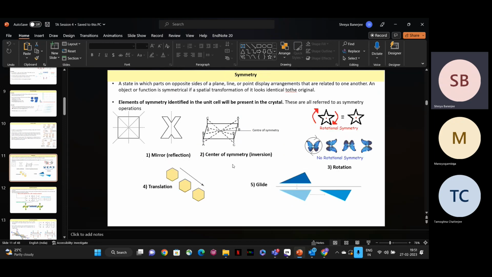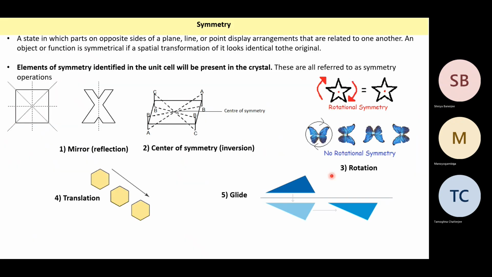So I'll just discuss those. In this slide, I had basically talked about the symmetry elements that are elaborated later. That is only given in short in this slide. So I think you have understood each of the symmetry elements, right?